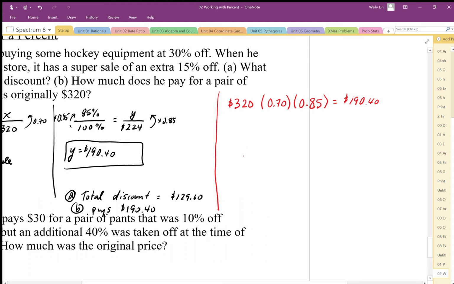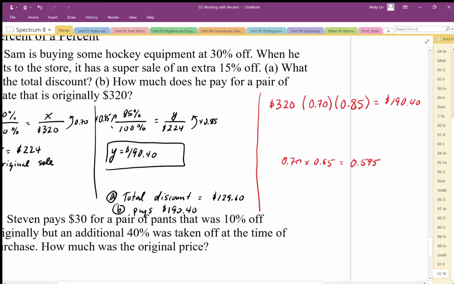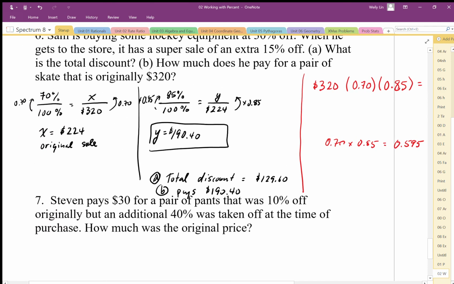This is a side note here. This is our true discount. We paid 59.5%, so our discount actually ended up being 40.5%. Our total discount was 40.5% and not the 45% we would have gotten if we added those discounts.